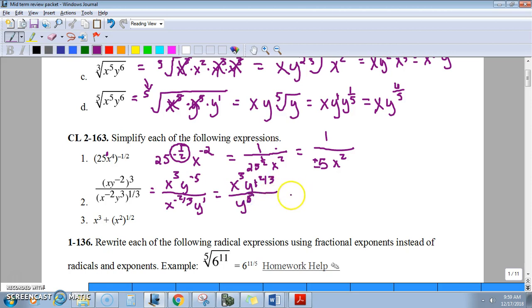Okay, and is there any way to simplify it more? I don't think so. I mean, I have a y on the numerator and denominator, but it's not quite the same base because the y on the numerator is to the 2/3 power. So we're just going to keep it like this. Oh, I see what I did wrong. Do you guys see this?